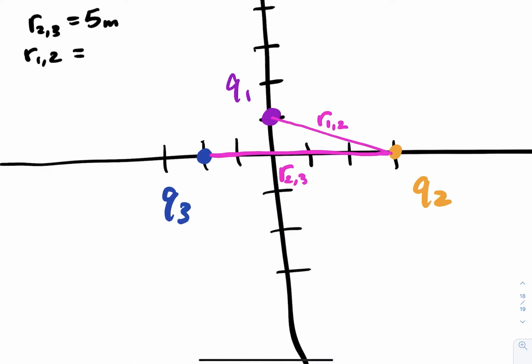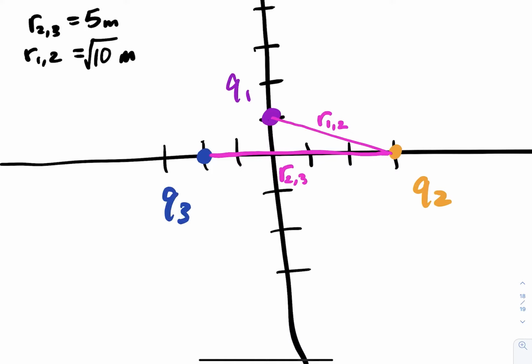We have something that is a right triangle. The hypotenuse of the triangle is what we're looking for. And so it'd be 1 squared plus 3 squared. So that would be the square root of 10 because c squared equals those squares added together. Anyway, the point is root 10 meters will be R12.